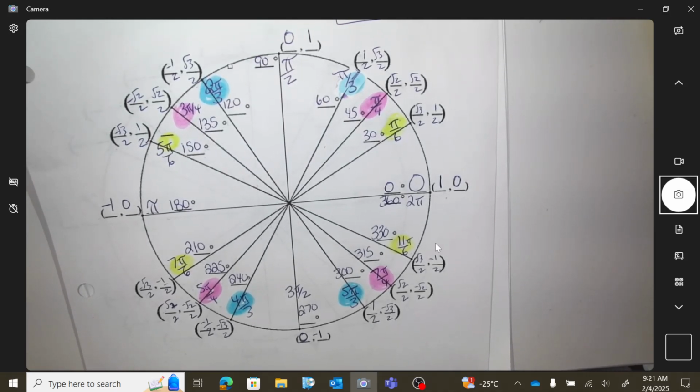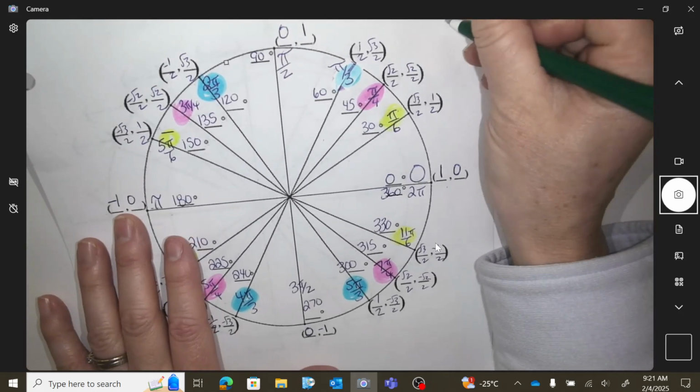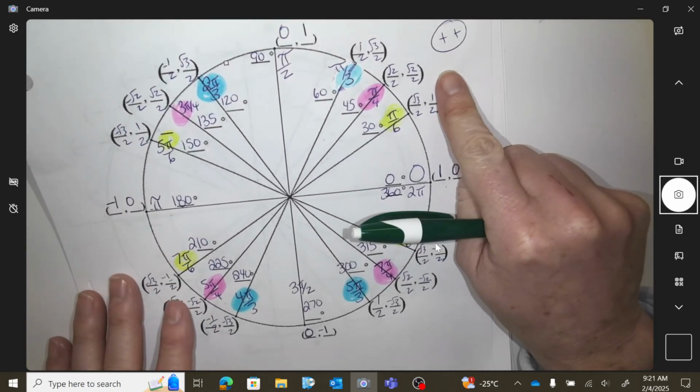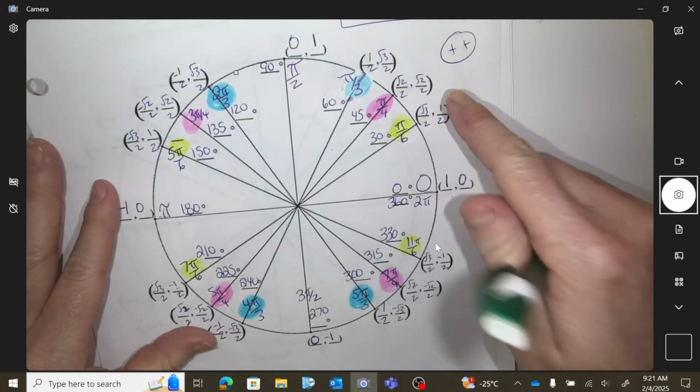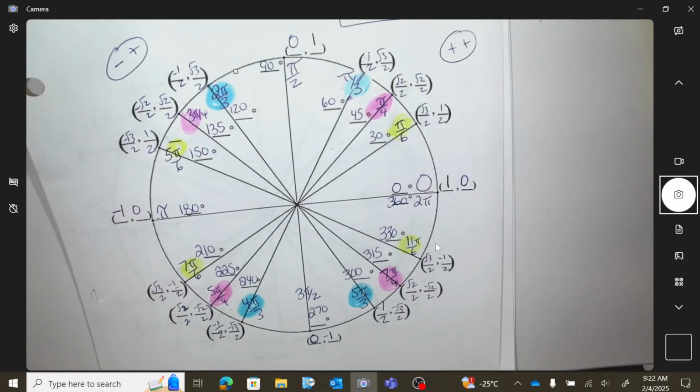Okay, this is all very memorized. Make sure you have this ingrained in your head at all times. Lots of questions pertain to this unit circle. Okay, don't forget to understand things about each quadrant. Like for instance, this quadrant should be positive, positive. This quadrant should end up negative, positive, right?